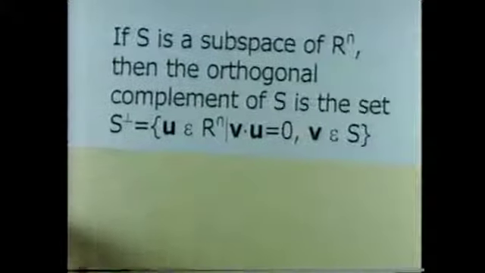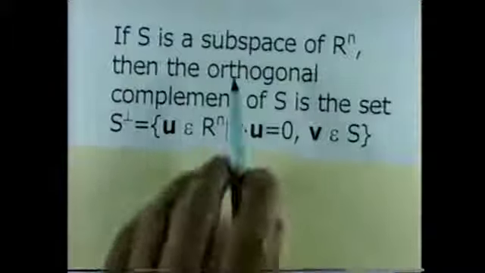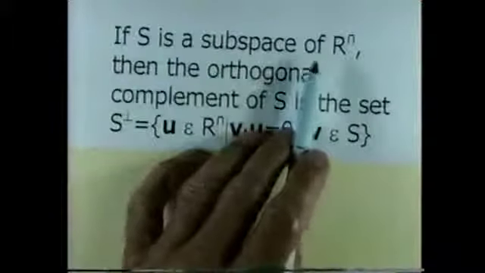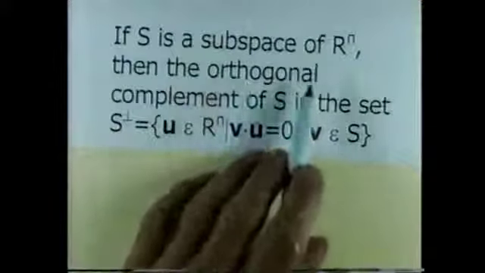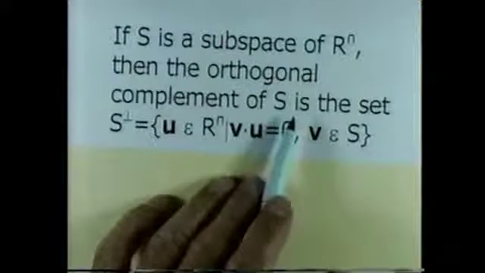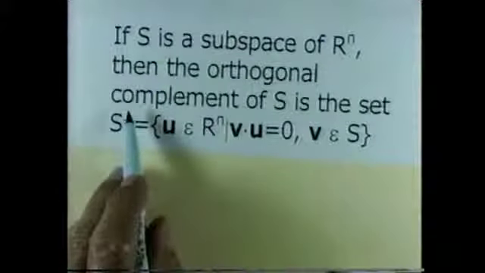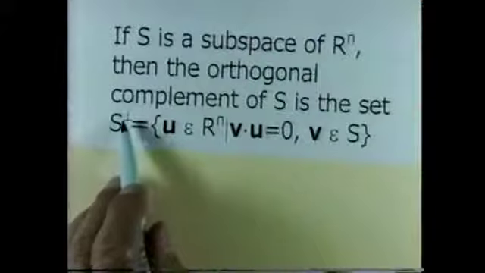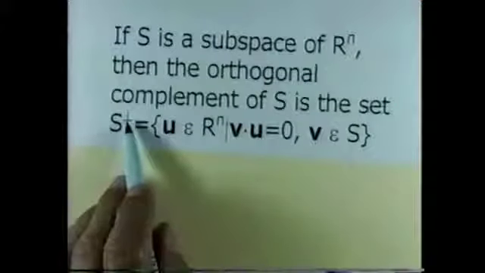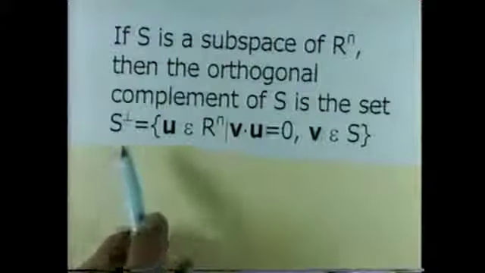So another definition: if S is a subspace of n space, then the orthogonal complement of S is the set S perp. Now here's the notation for orthogonal complement, and it comes in using the perpendicular lines here.